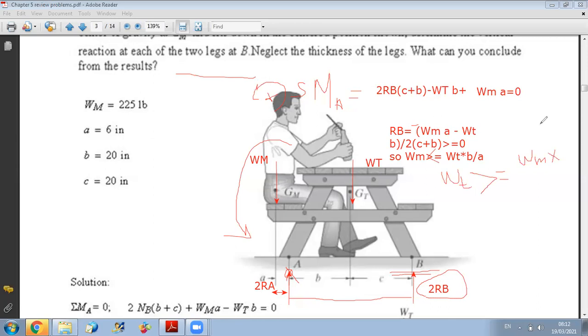So from here we can find what is the minimum table weight to avoid tipping over.